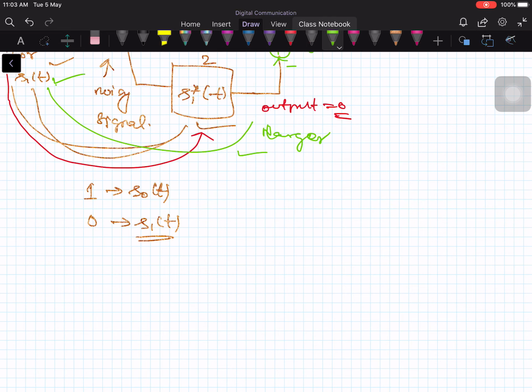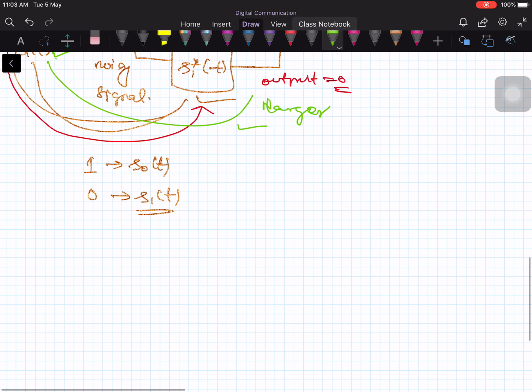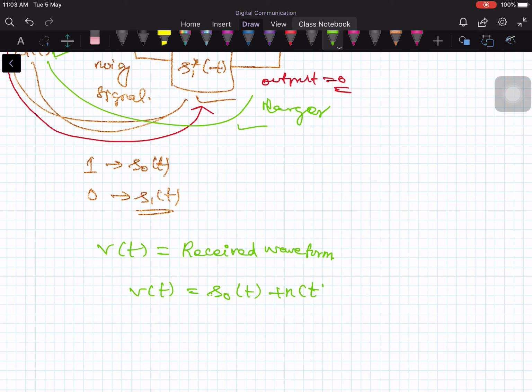Now let us analyze this mathematically. So v of t is the received waveform. If s0 of t was transmitted, then it is s0 of t plus n of t. If s1 of t was transmitted, then s1 of t plus n of t.